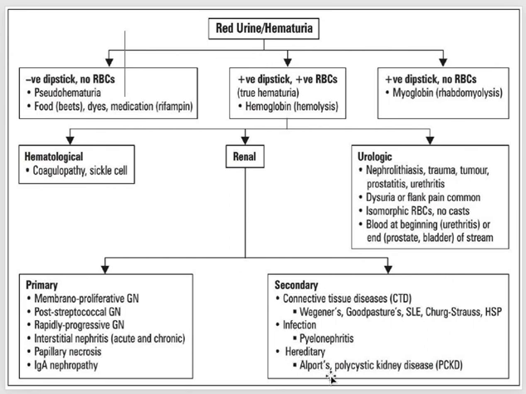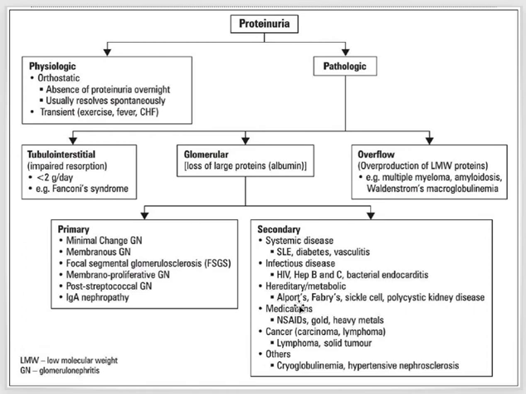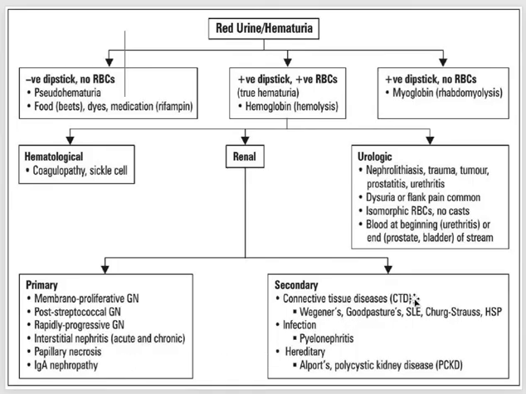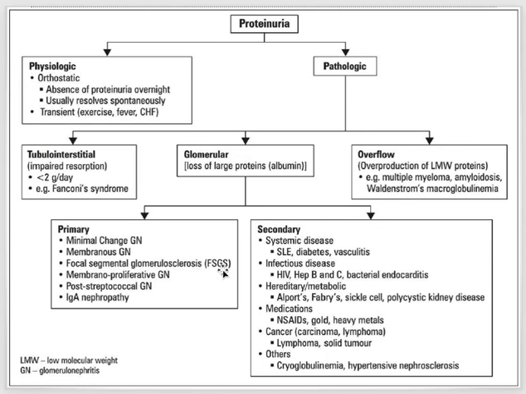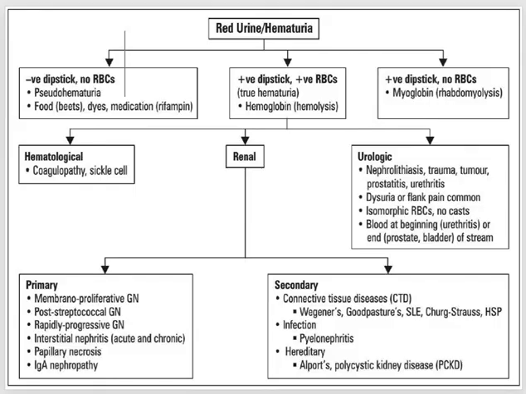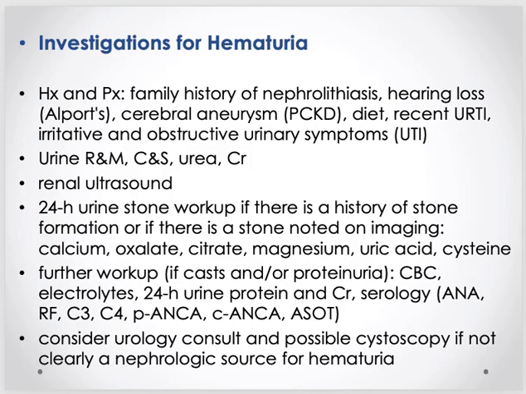You can see hereditary Alport, polycystic kidney disease, connective tissue disease like SLE, Goodpasture's, Wegener's, Churg-Strauss, okay. HSP, Henoch-Schonlein purpura. We already covered this thing. In pediatrics, you will see the same conditions here, SLE, okay. So you will see almost the same conditions everywhere. So what are the investigations?